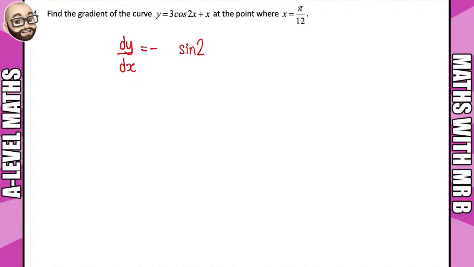The angle stays the same. And we need to times this 3 at the front by what happens when we differentiate the angle. That's going to get us a 2 times by that 3, so it's going to be minus 6 plus 1.